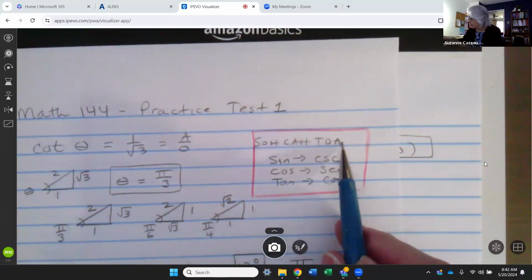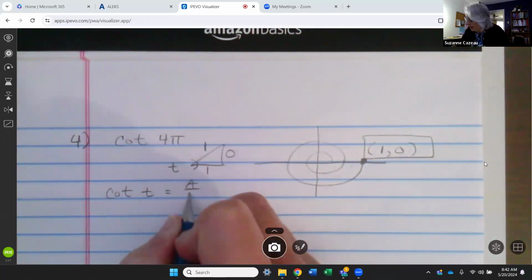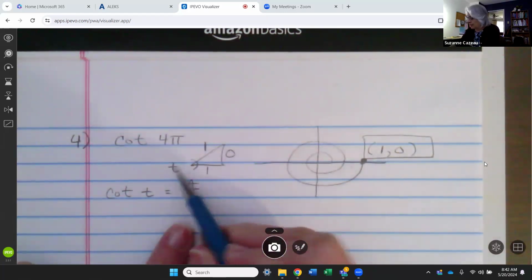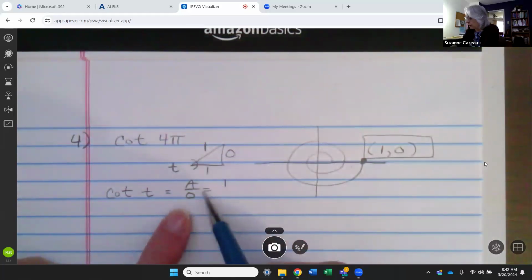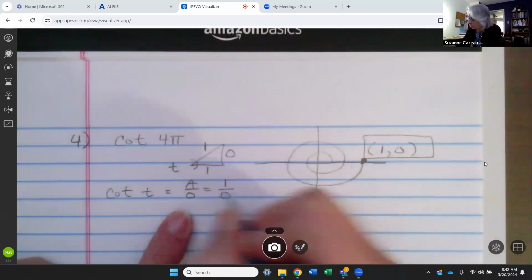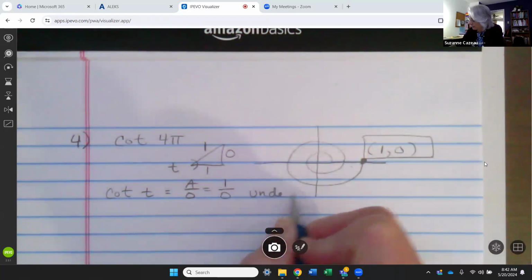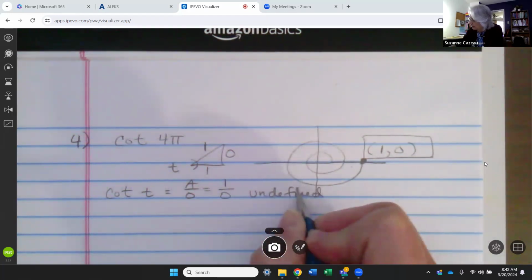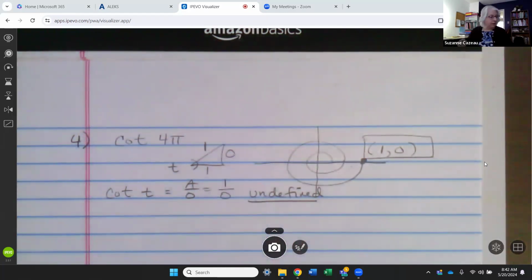Tangent is opposite over adjacent, so that means the cotangent is adjacent over opposite. So what's adjacent to the angle is 1, and what is opposite the angle is 0. Well, 1 over 0 is undefined. So there's that. Undefined.